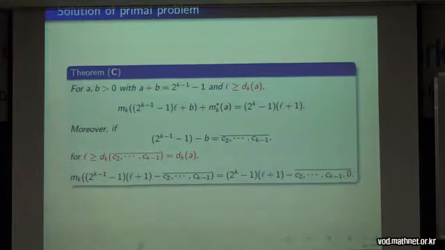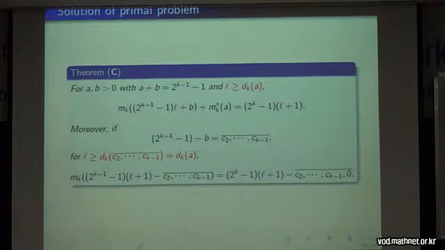For a and b integers with the sum of the two integers equal to 2 to the k minus 1 minus 1, and if L is greater than or equal to dk of a, then the sum of the optimal solutions of the primal problem and the dual problem is equal to 2 to the k minus 1 times L plus 1.